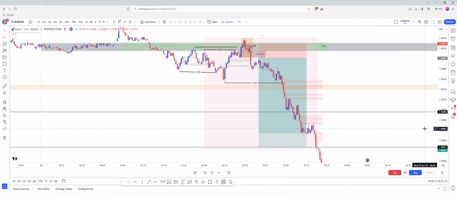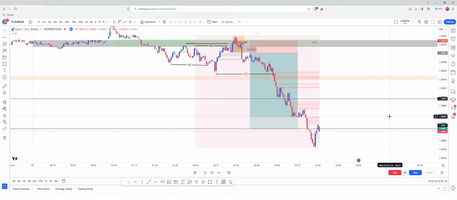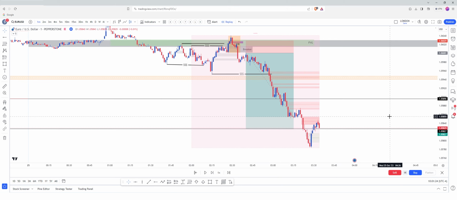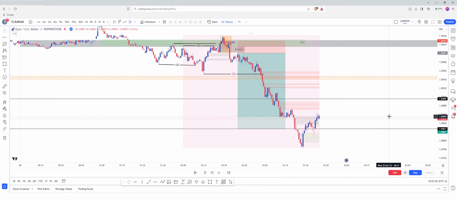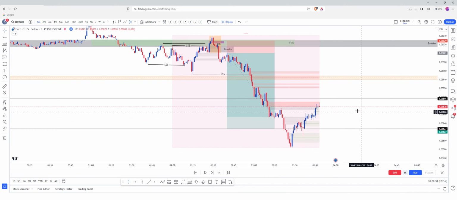And as we scroll forward, this here is where I was looking at an entry. Now you see there's red folder news at this point, IFO business climate.